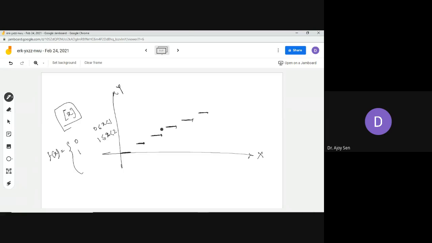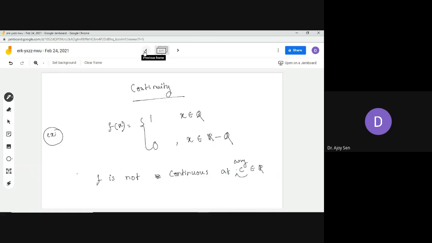But this problem which I have written, this function is a wonderful example of a function which is not continuous at any point. It's not continuous at any point. So it's a wonderful example.